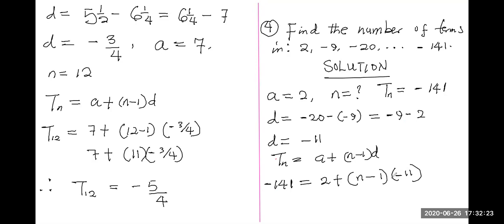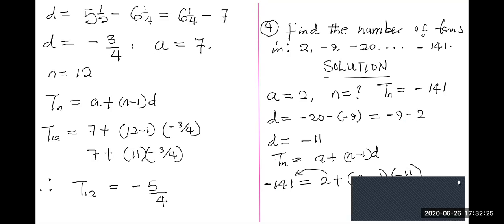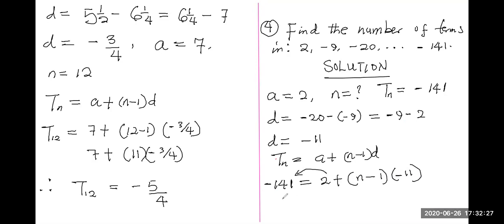When this 2 goes to the other side of the equation, it becomes minus. So we have minus 141 minus 2 is equal to n minus 1 multiplied by minus 11. Minus 141 minus 2 gives us minus 143.